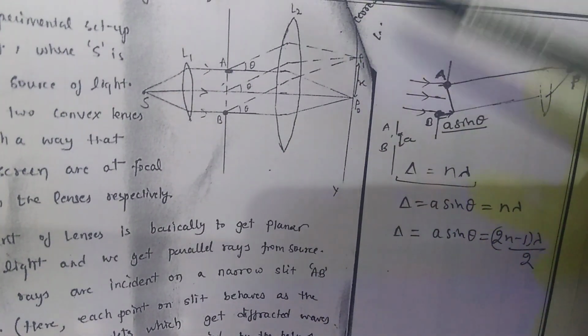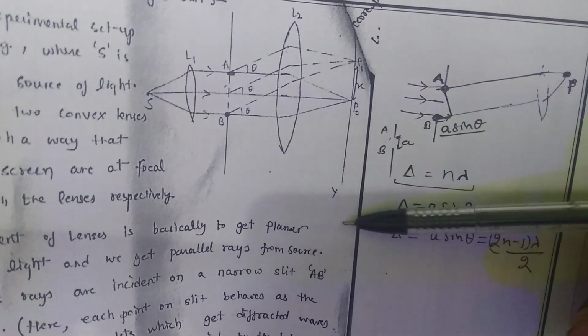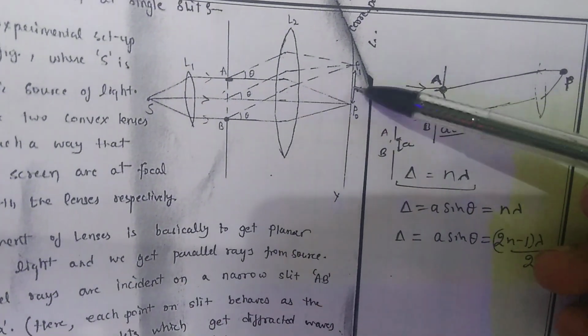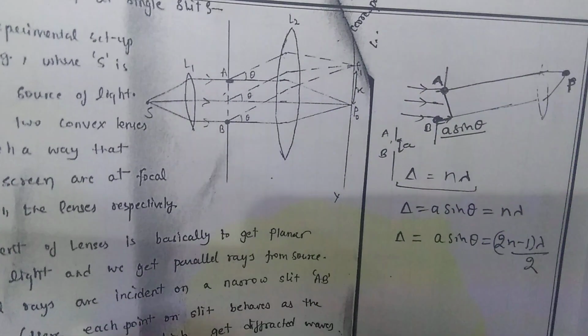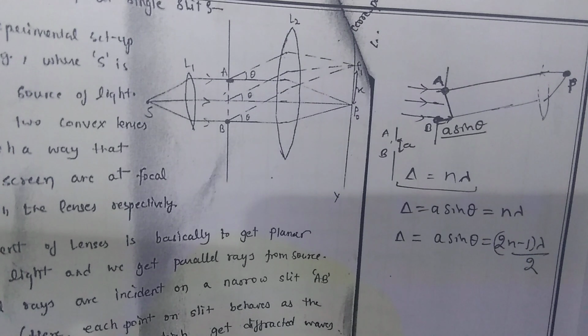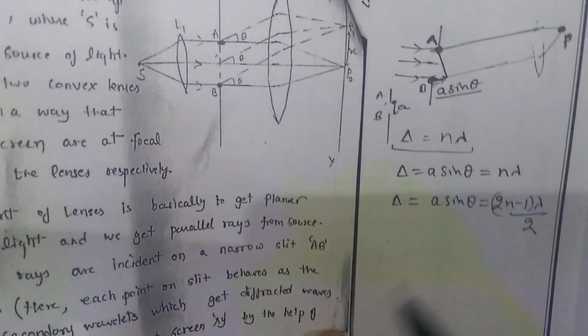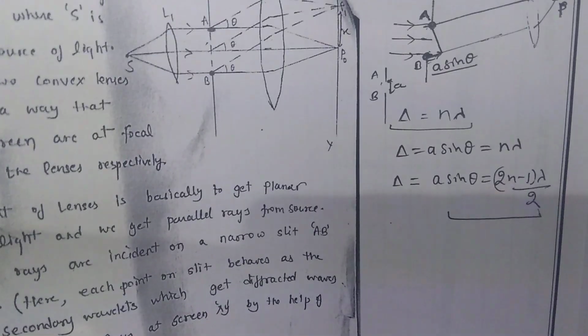Those other points where we get the maxima condition are known as secondary maxima. Beside the central maxima there are other maxima, and these are known as secondary maxima. Why do we get these? Because the path difference between two secondary wavelet sources satisfies this condition, and at those points we get secondary maxima.